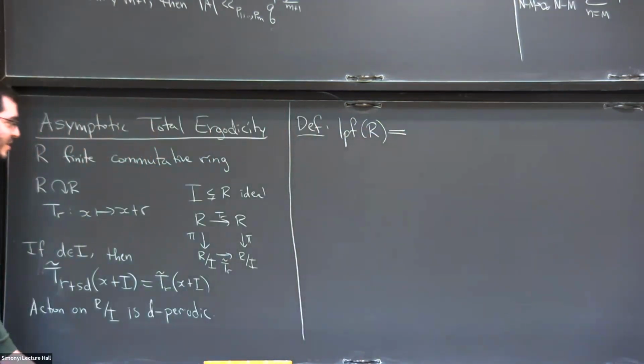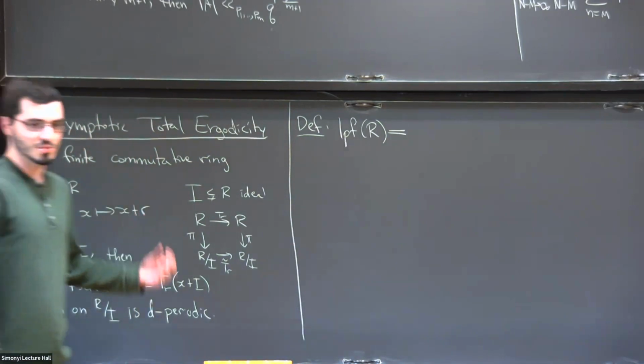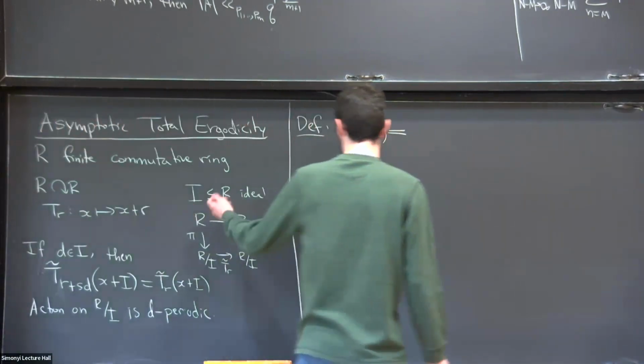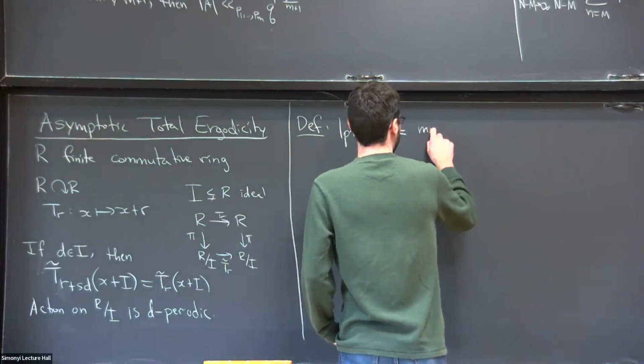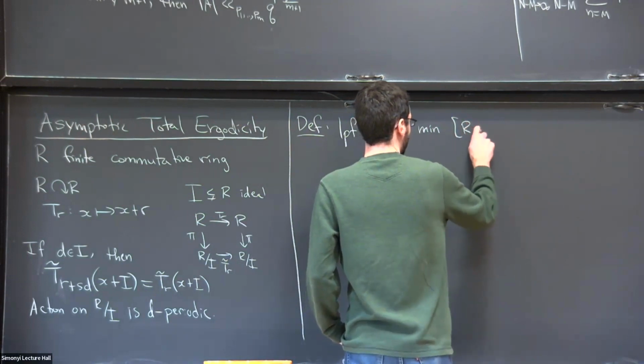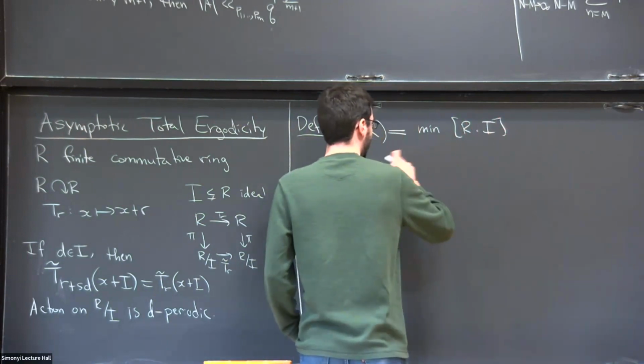For now, you can think about LPF as standing for least periodic factor. So the size of the smallest periodic factor for this action, which is going to be the minimum index of a non-trivial ideal of R.